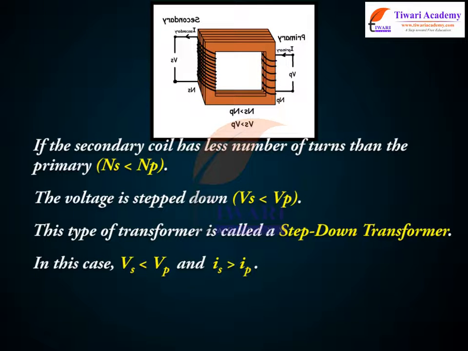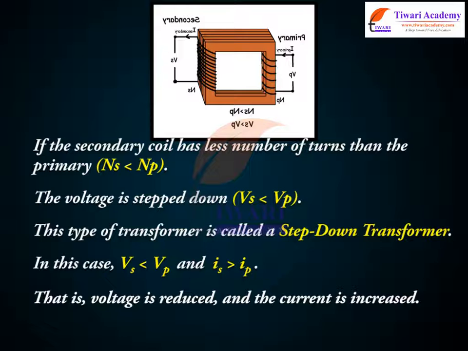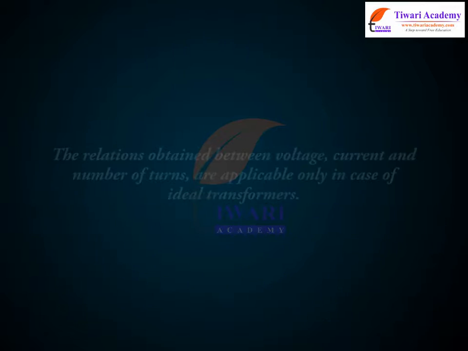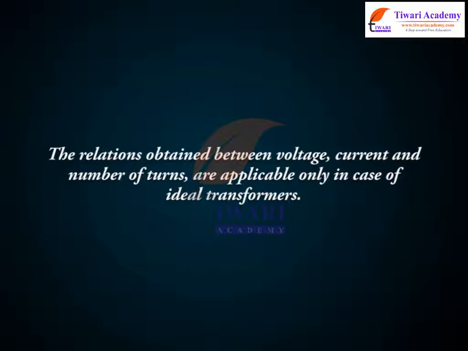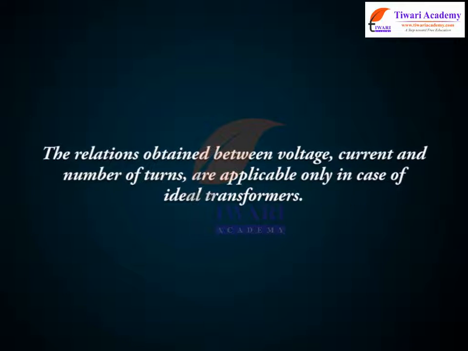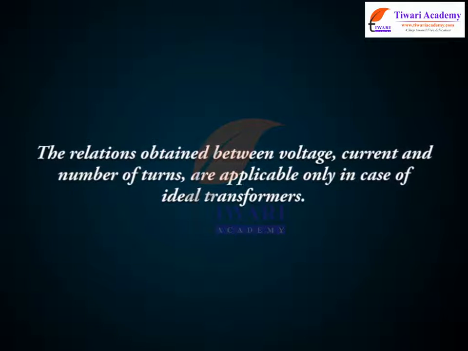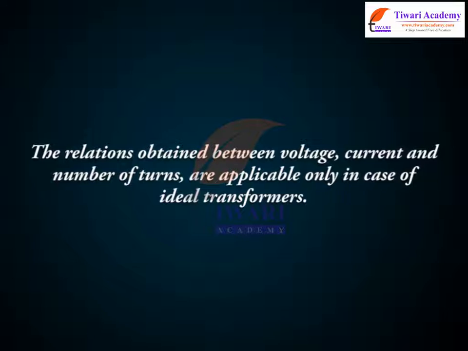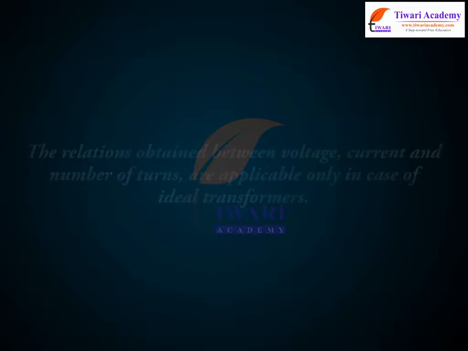In this case, Vs is less than Vp and Is is greater than Ip. That is, voltage is reduced and the current is increased. The relations obtained between voltage, current, and number of turns are applicable only in the case of ideal transformers.